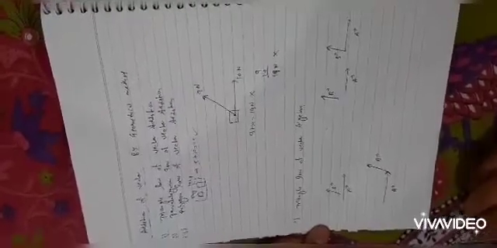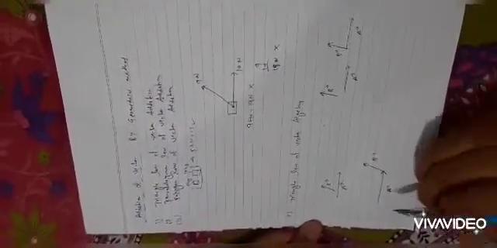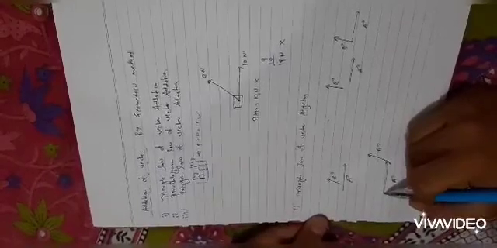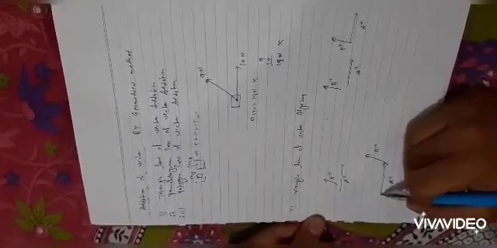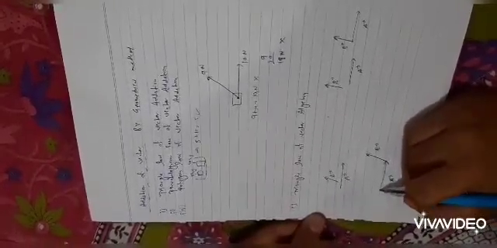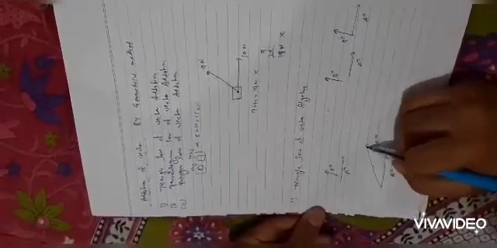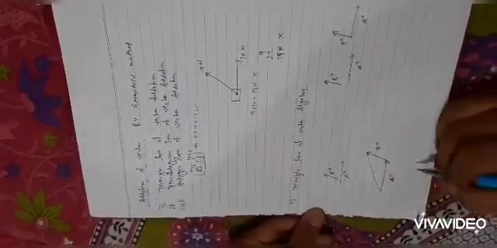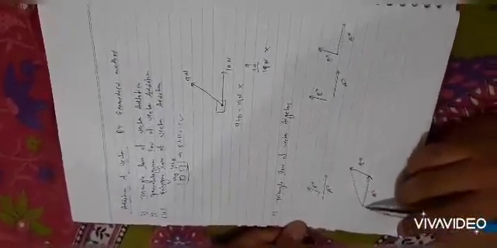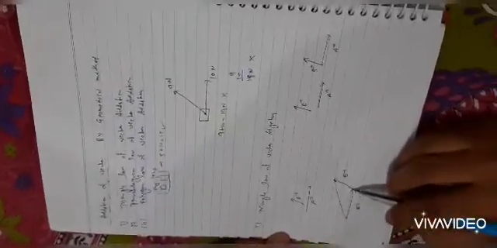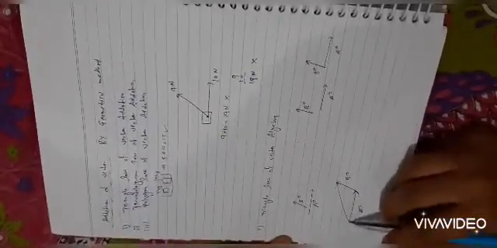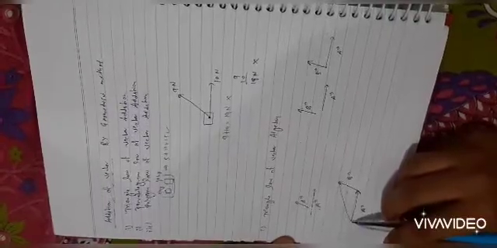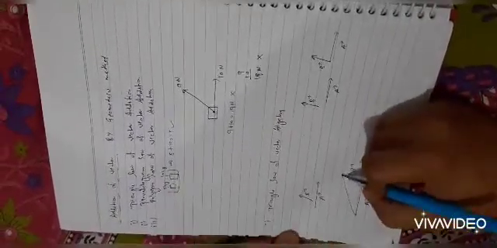Now we want the direction of the resultant, so you have to connect the initial point, or the tail, of your first vector with the head of your second vector, and the direction is from here to here.